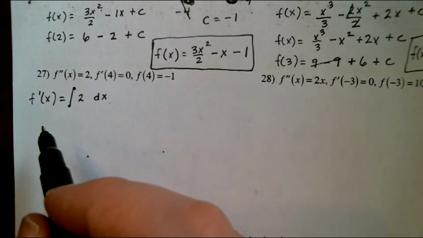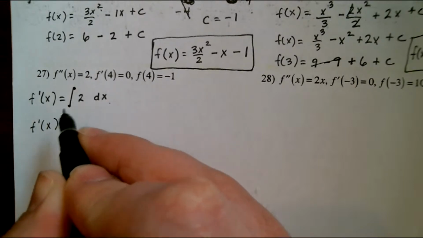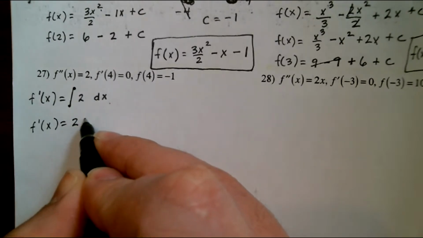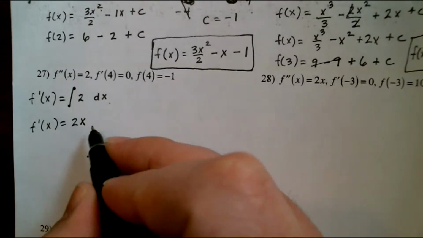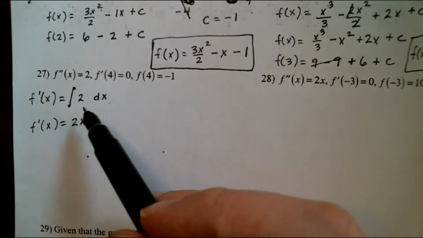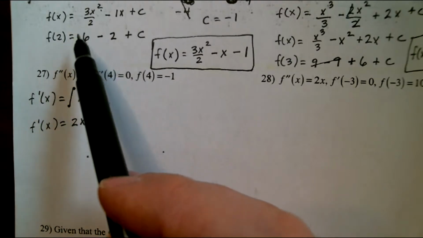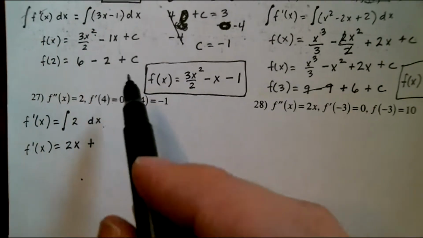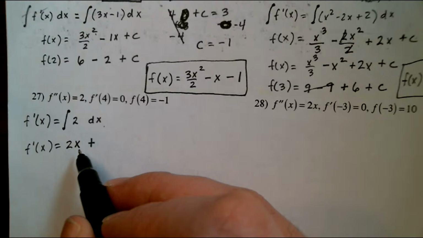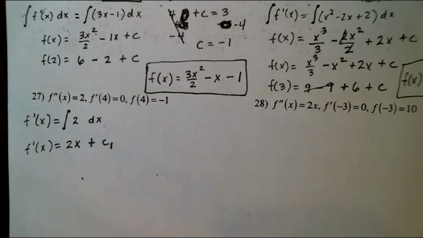When I do the integral of that, when it's a constant, just add x to it. But then don't forget about plus c. Since I'm dealing with possibly more than one c here, I'm going to say 2x plus c sub 1. You'll understand here in a second.